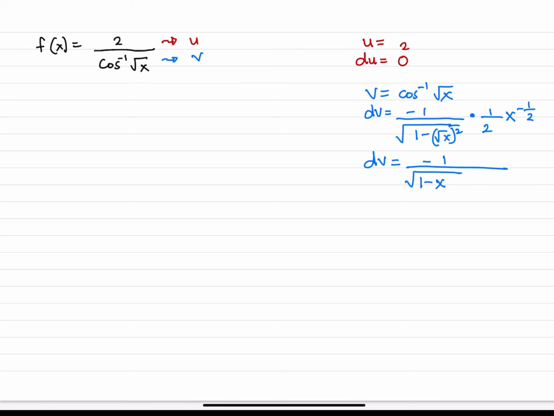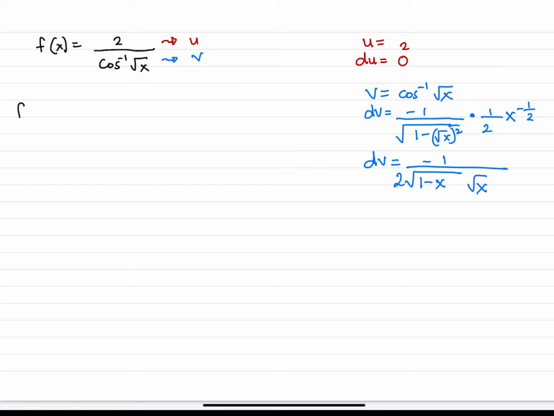And then here you have the factor 2. So I may write 2 here, and x raised to 1/2 is the same as the square root of x. Okay, so I think we are able to make use of the quotient rule.